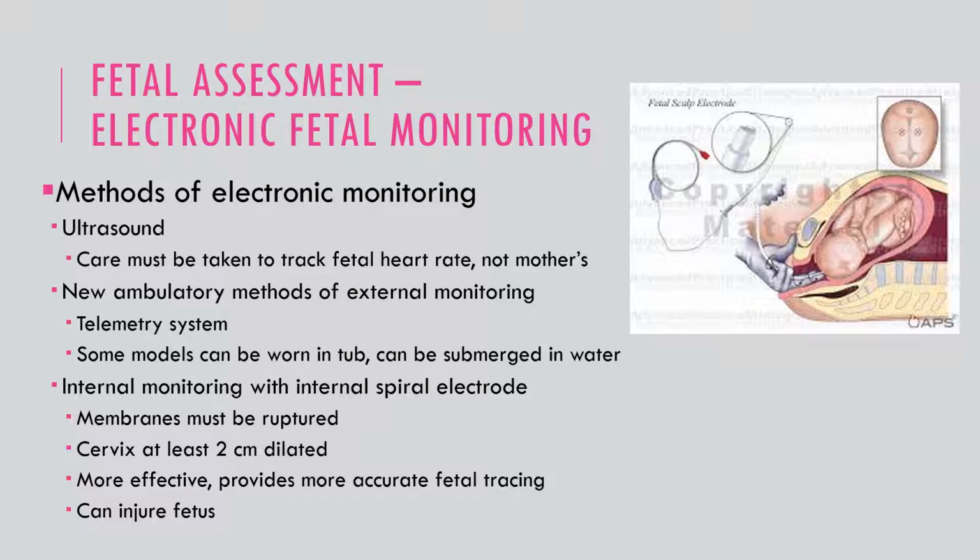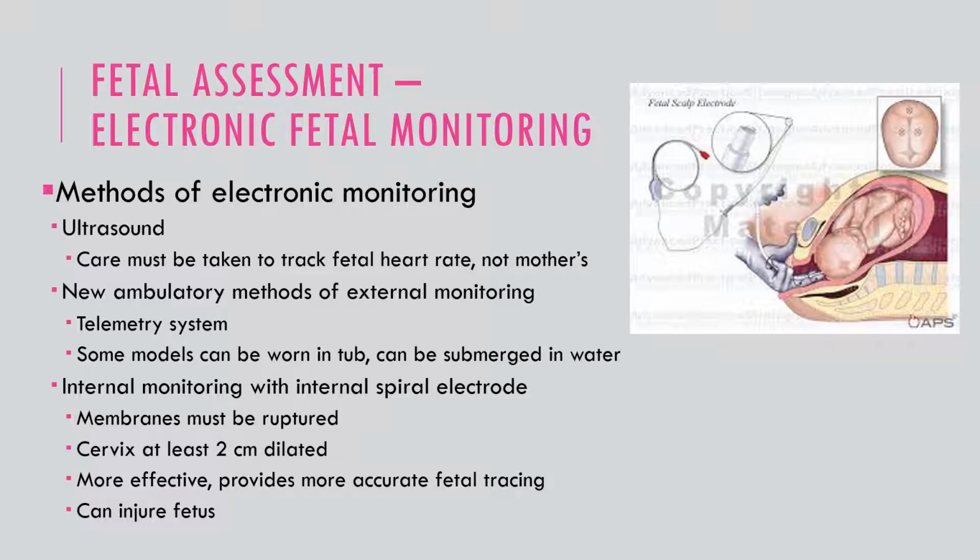But there are telemetry systems now that allow the mom to get up and walk around the labor unit and ambulate. That allows her to continue to be on continuous monitoring even when she's walking around. Some of them can even be worn during water births or when they're submerged in a tub.